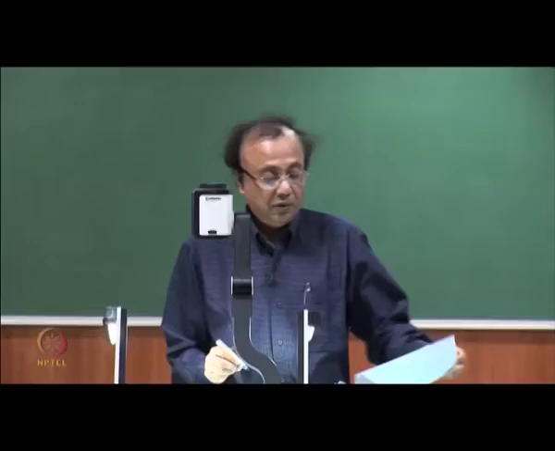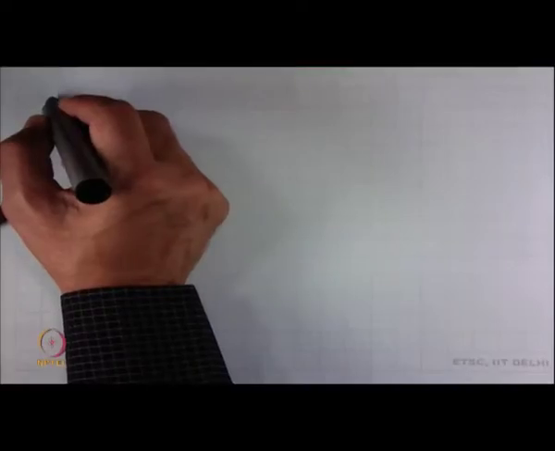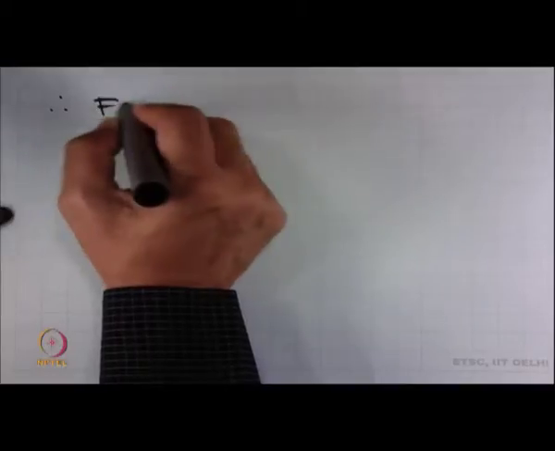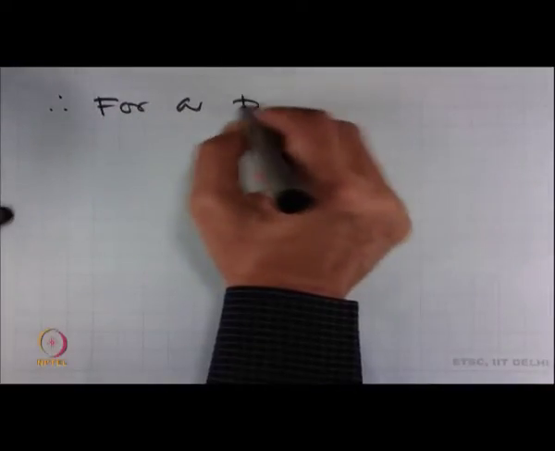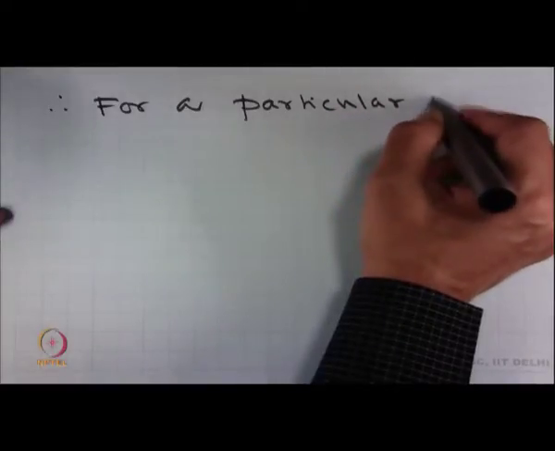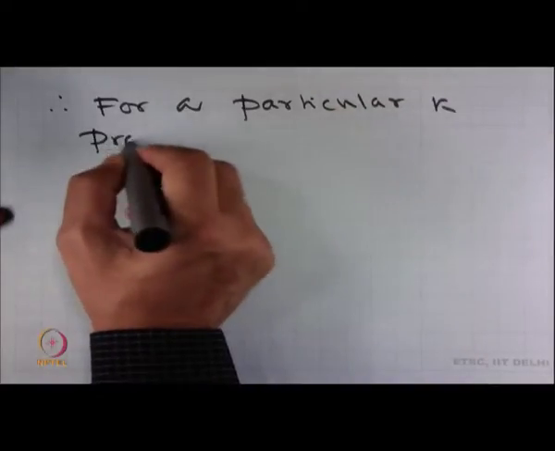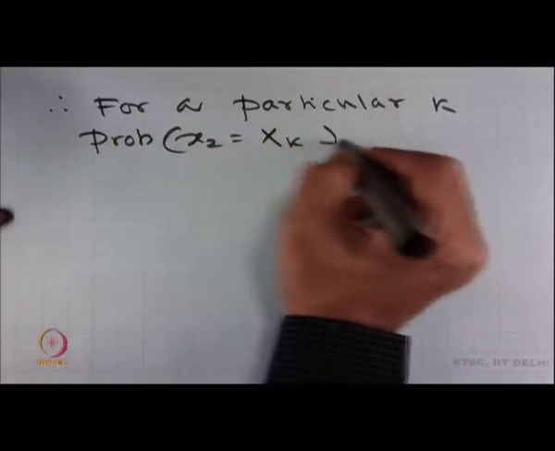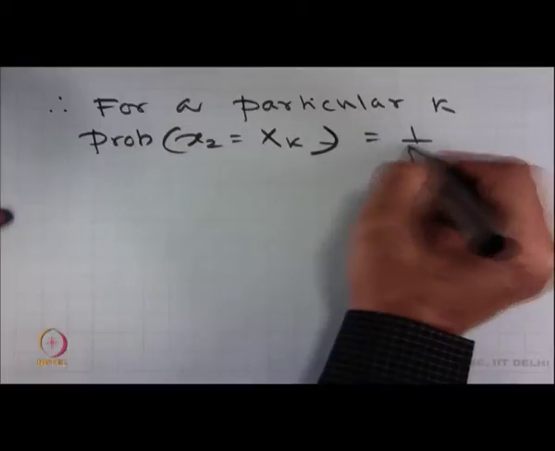If you remember, we have selected a particular x k. Probability that x 2 is equal to x k is equal to 1 upon n.